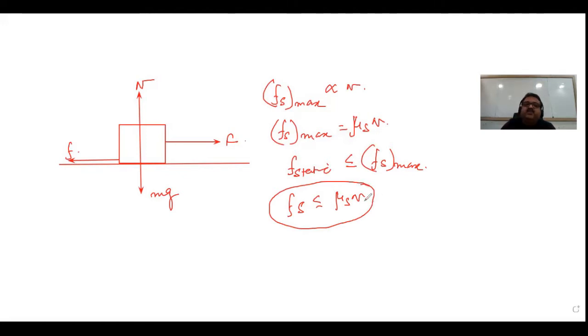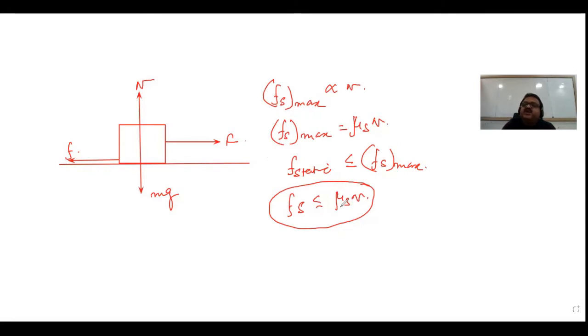Clear? If because of the applied force the body is not sliding, that means the frictional force acting on the surface in contact is static friction. And if the body is not moving but about to slide, we consider that as limiting friction.